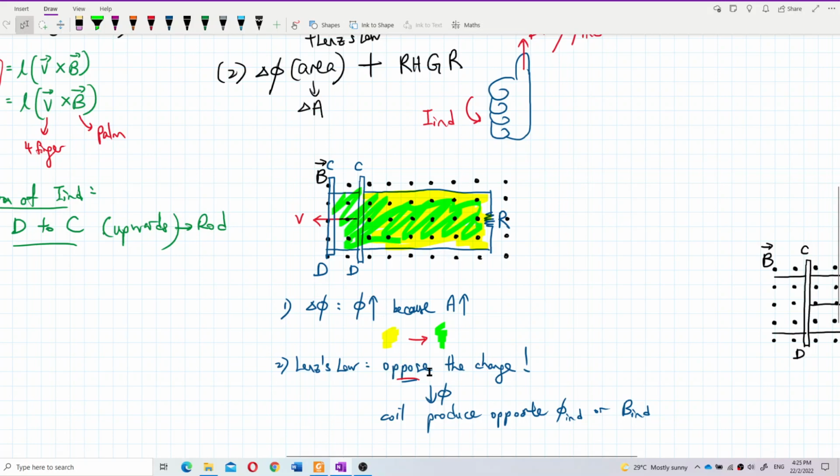To oppose the increase, I want to decrease the flux, so this coil will produce opposite direction flux. The original flux is going out of the paper, so this coil will produce magnetic field that goes into the paper.